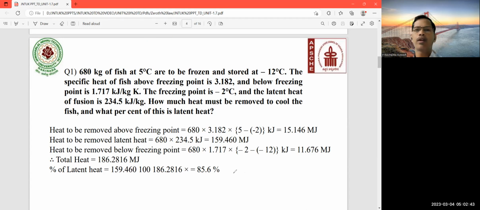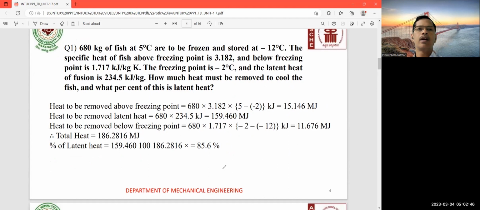The numerical problem: 680 kg of fish, so the mass of the fish is given as 680 kg, and that fish is at 5 degrees centigrade.